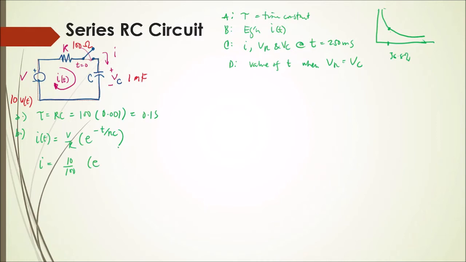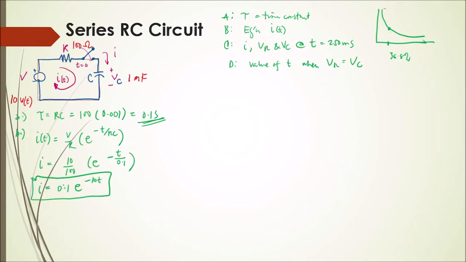We don't have the t, but we have the RC, that is negative t over 0.1. So our I, the equation at any given time for this circuit, is 0.1 e to the negative 10t. So this is our equation of the current at any given time for the circuit.